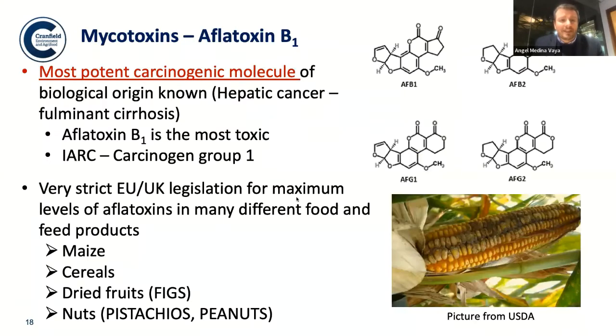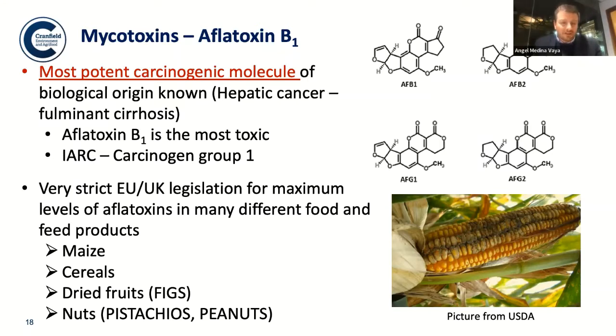The problem is that Aspergillus flavus produces the mycotoxin called Aflatoxin B1. And Aflatoxin B1 is the most potent carcinogenic molecule of biological origin known so far. I will repeat it because this is very, very important: it's the most potent carcinogenic molecule.